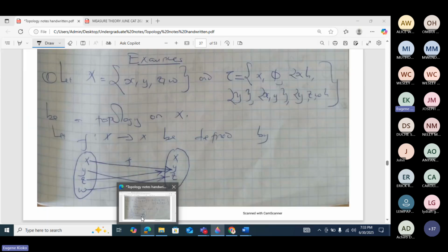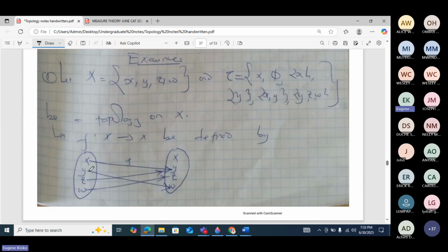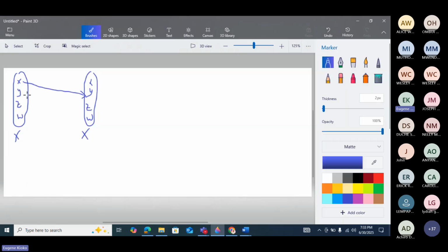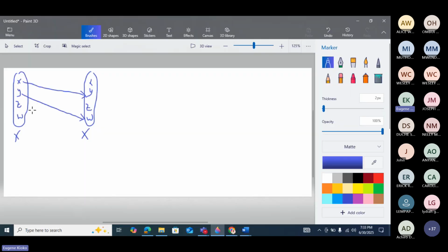Then you are told x goes to y, y goes to w, z goes to y, and w goes to z. That is the function.